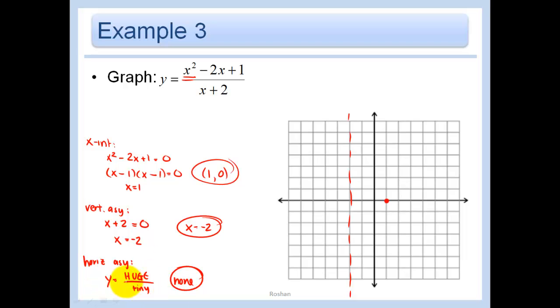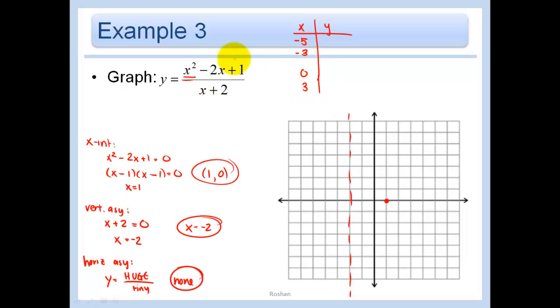Because it's so big, it goes off to infinity, and we can't touch infinity, so there is none. So now let's just put in some points over here, and some points over here. Let's do -5, -3, and then let's put in 0 and 3.